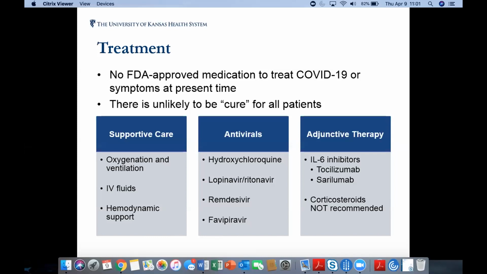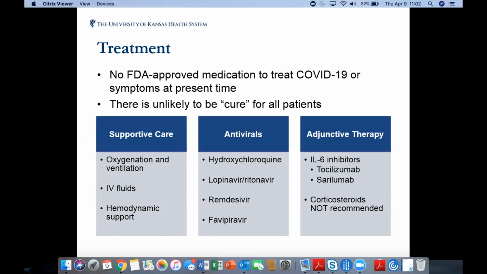In terms of antivirals, I'll talk a little bit about some of the things you see in that column there. So things like hydroxychloroquine, lopinavir, ritonavir, Kaletra, and remdesivir. Adjunctive therapies, so these are more likely to be seen in patients with severe disease, so we can potentially manipulate the IL-6 pathway with things like tocilizumab and sarilumab. Corticosteroids in general are not recommended for these patients.